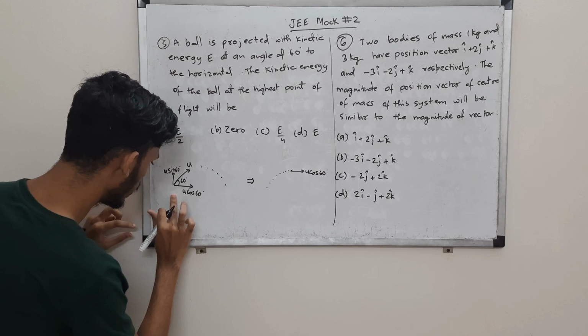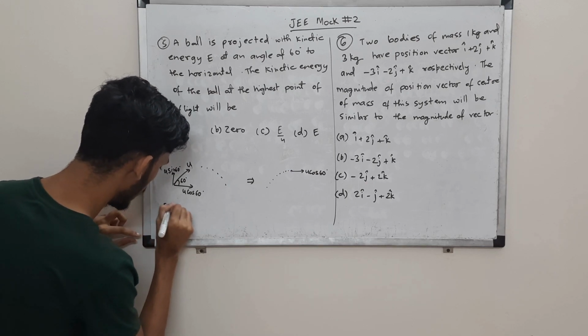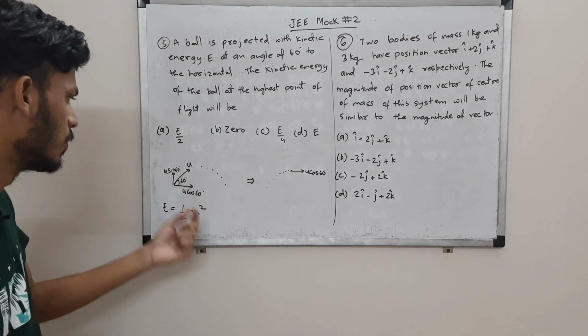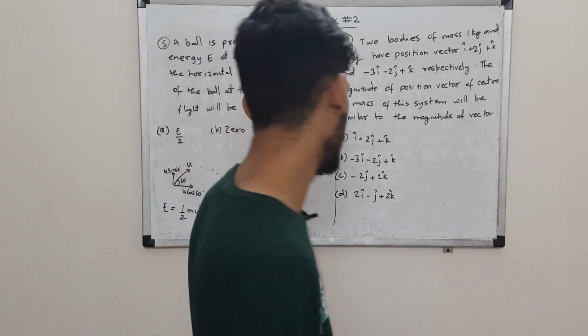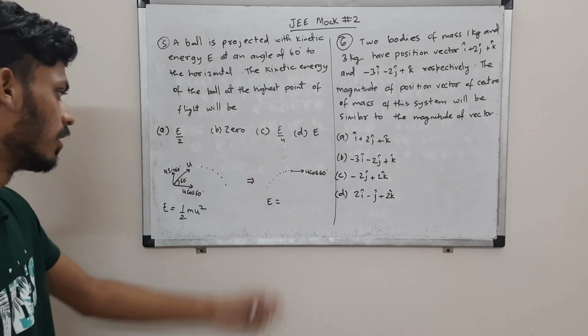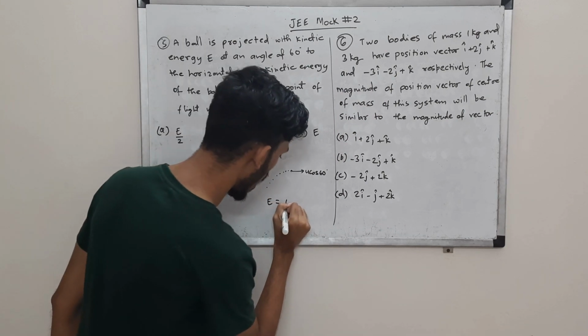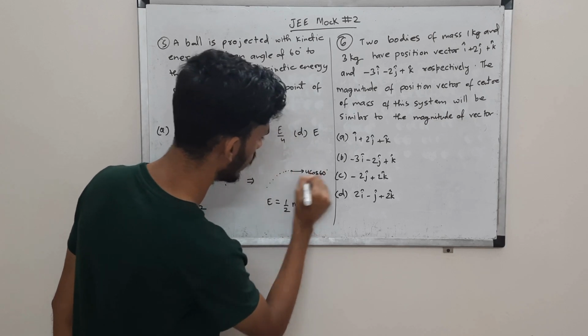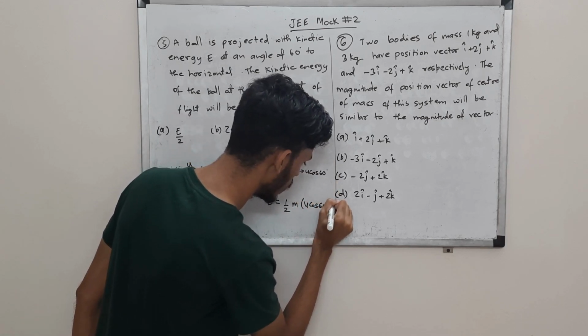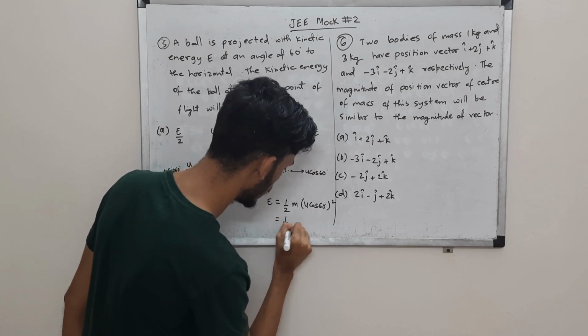Here the initial kinetic energy is half m u square, where u is the initial velocity. For kinetic energy we are just concerned with the speed, so the energy at the top will be half m into velocity square, which is u cos 60 the whole square. So what is the answer we get?